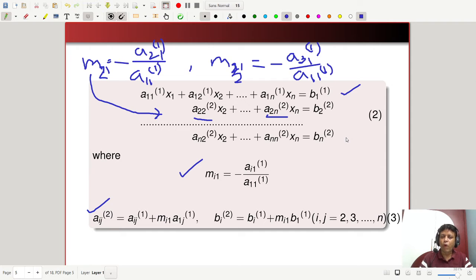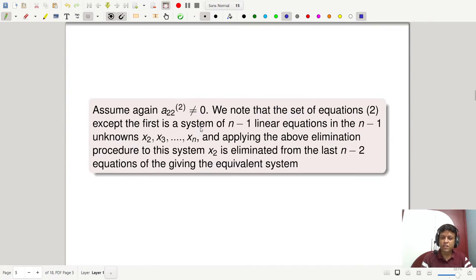Now once your x1 is eliminated and you have the second system of equations, again you have to do the same process. You want to eliminate x2 now, so you have to divide the first equation by a22 and multiply by the multiplier you select. So in the second system, assume that a22 is not equal to 0.